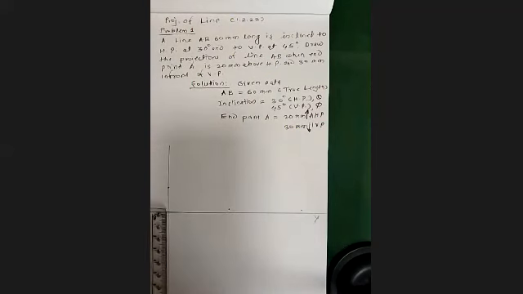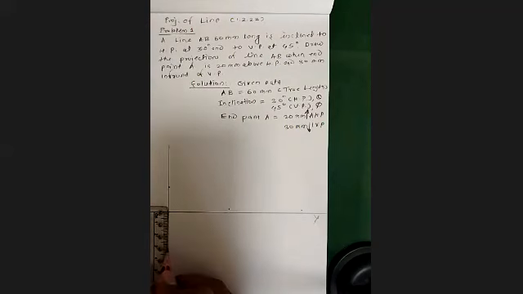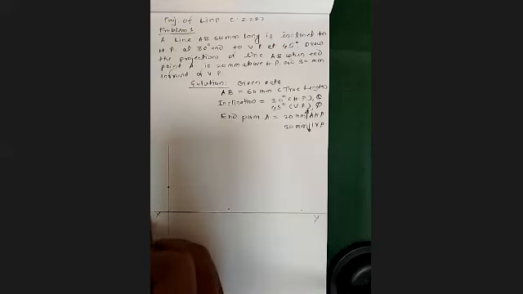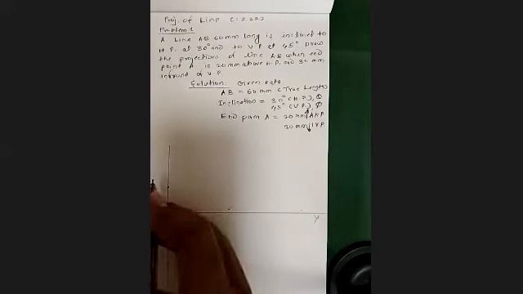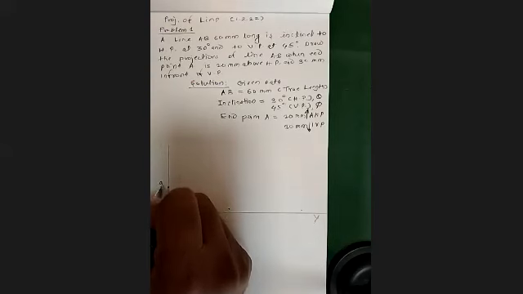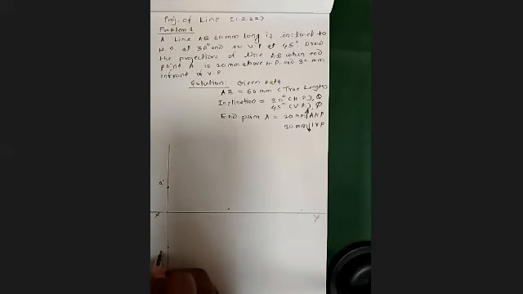Then 30 millimeter in front of VP, it is given. So we'll take 30 millimeter. Okay. So I will name this point as A dash and A point.